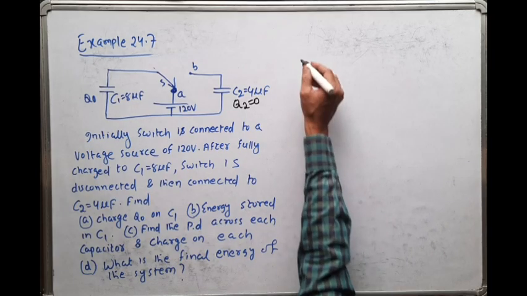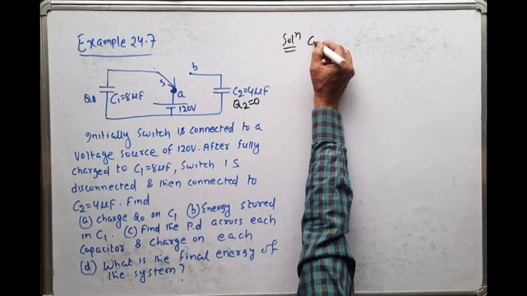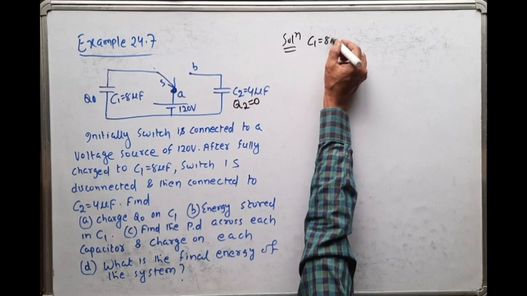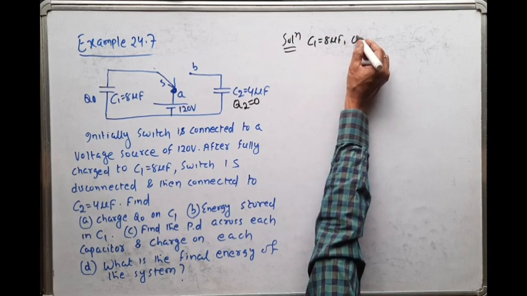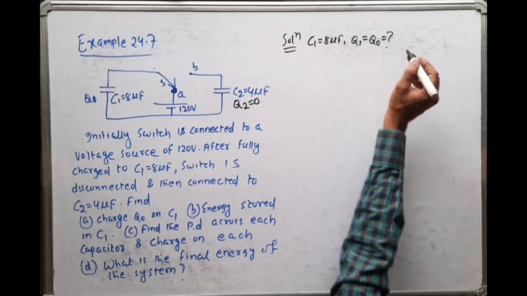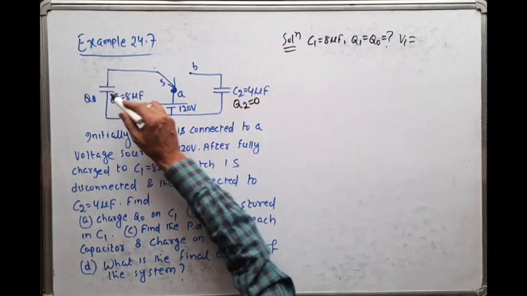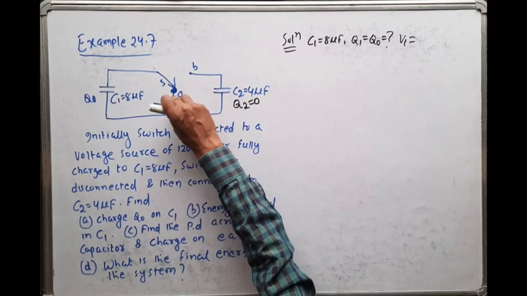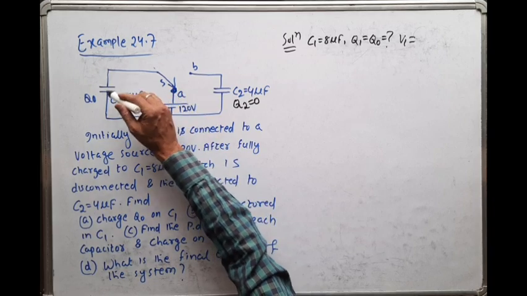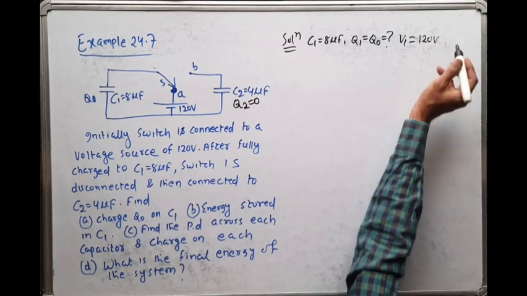Initially, the first capacitance value is C1, which is equal to 8 microfarad, and the initial charge is Q0. We have to find this. What is the potential difference across this capacitor? It is fully charged, so the full voltage of the source will come across it, that is V1 is equal to 120 volt.